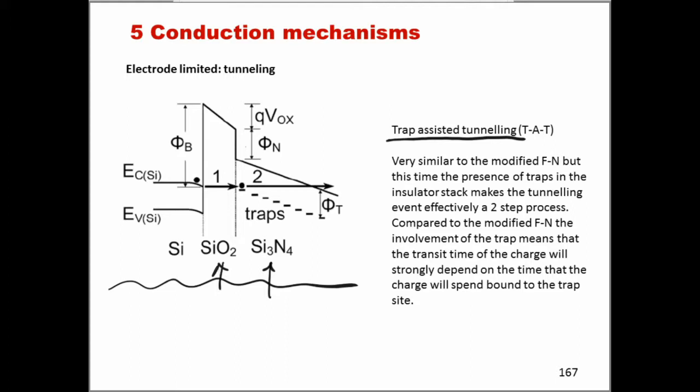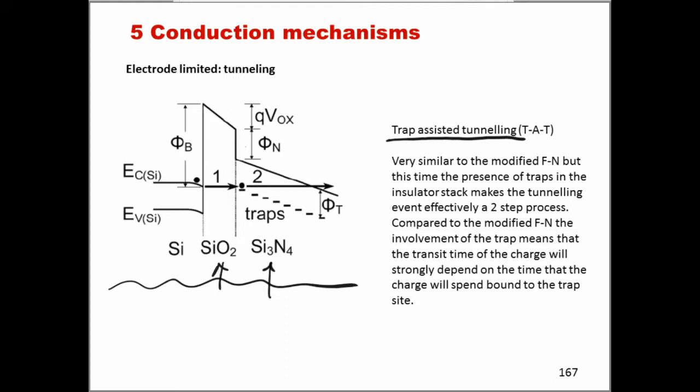understand that this is a dynamic process. Charges go in, are trapped, and then are released, and so it becomes quite complex when you start taking into account also the effects that the charge trapping has on the energy diagram.